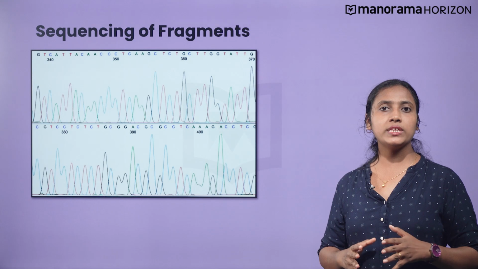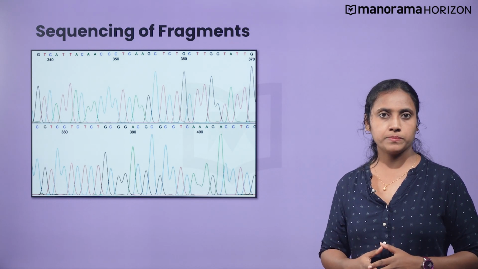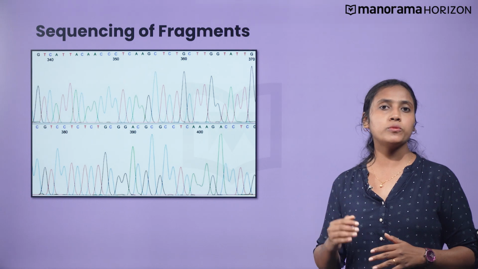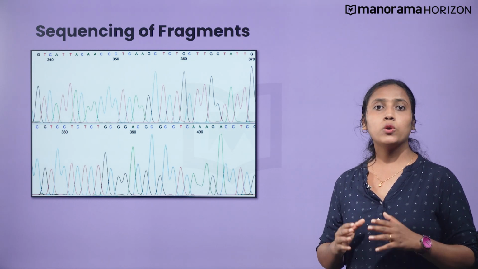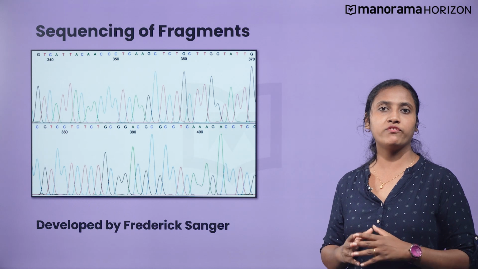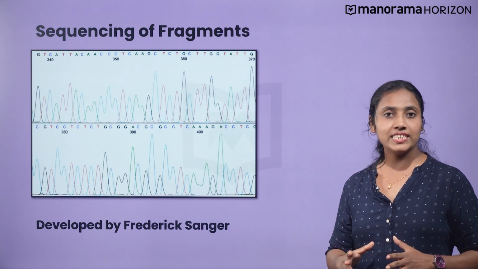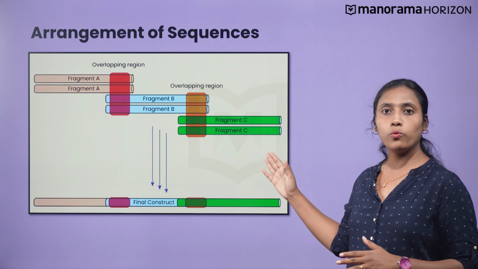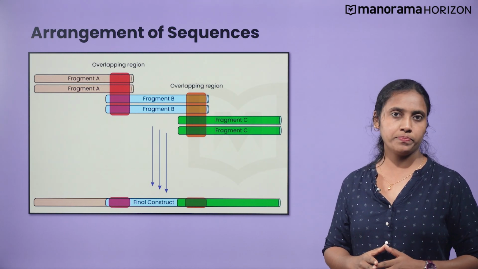Next is the sequencing of the cloned fragments. These fragments were sequenced using an automated DNA sequencer which was designed on the principle of the methods developed by Frederick Sanger. The sequenced DNA were then arranged based on the overlapping sequences in them.